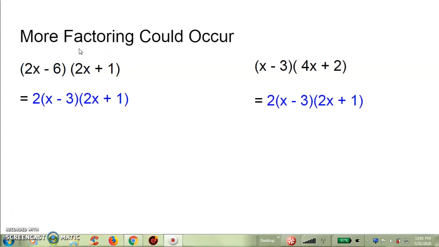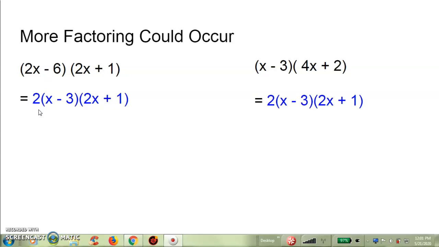Okay, so what I've done here is I took the two answers that we got from the slide where we did the diamond and rectangle, 2x minus 6 times 2x plus 1, and the other answer was x minus 3 times 4x plus 2. And what I noticed is, back to factoring out a monomial, I could factor out a 2 from this. So I went ahead and did that.